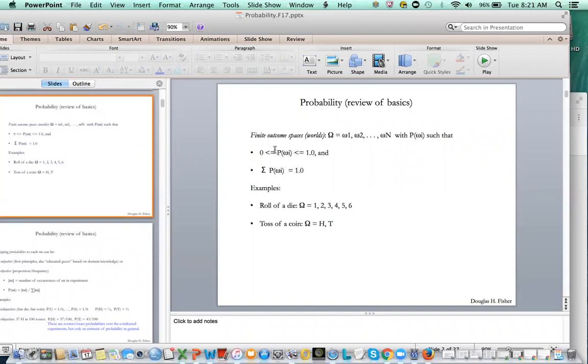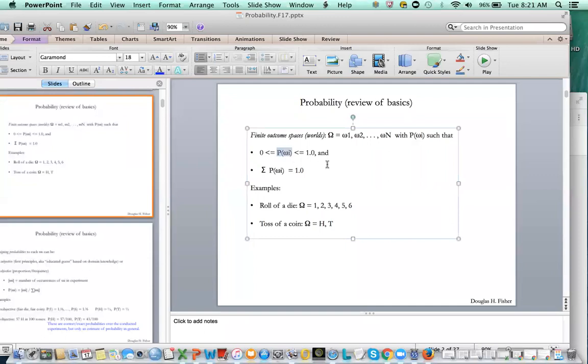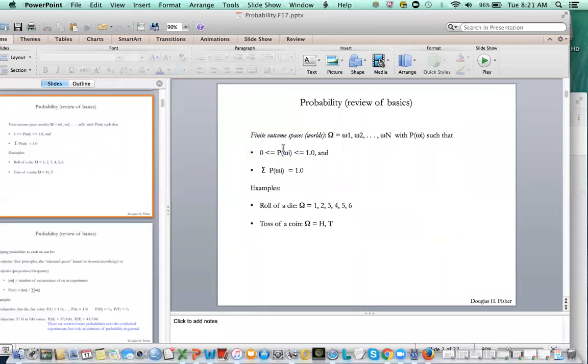The probability of any particular outcome, I'm now looking at the first bullet under finite outcome spaces.